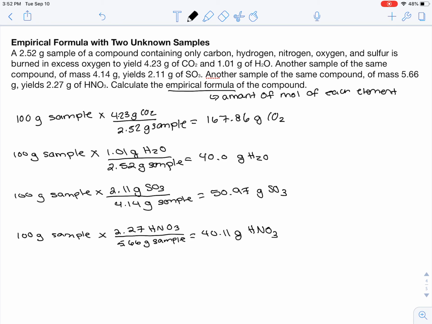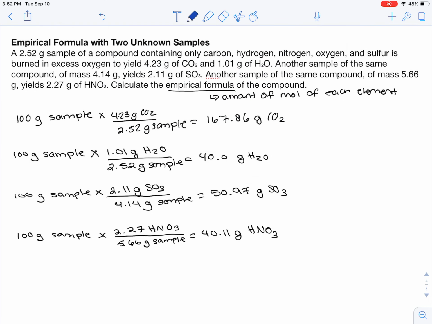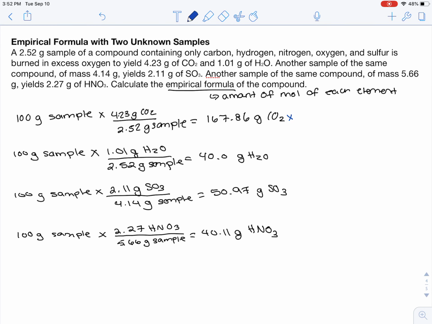Okay, so now in order to find the formula, we need to find the moles. So you can take each of these a step further and isolate for the element. Carbon dioxide can be isolated for carbon. So multiply this by the molar mass of carbon dioxide times 1 mole of carbon. And we find that there's 3.814 moles of carbon.